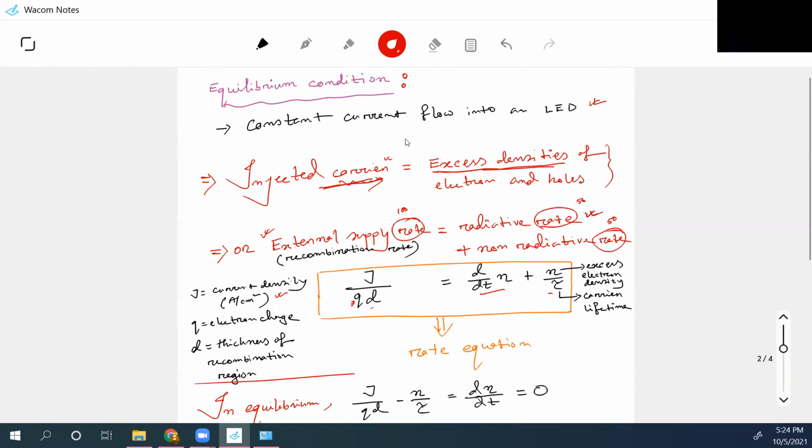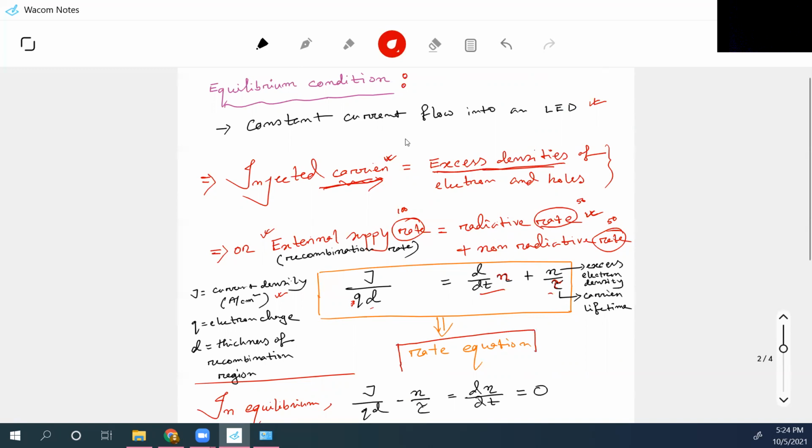Here n is the excess electron density, which exists because of the injected carriers, and tau is the carrier lifetime. The carrier lifetime explicitly depends on the non-radiative recombination. This whole equation is called the rate equation.